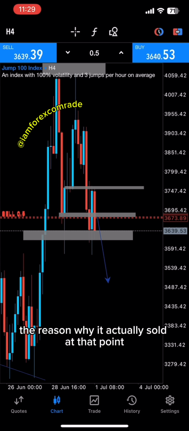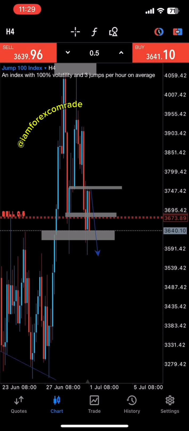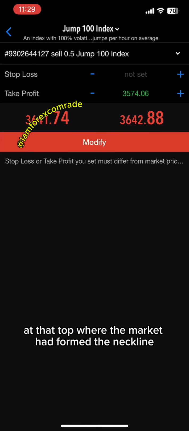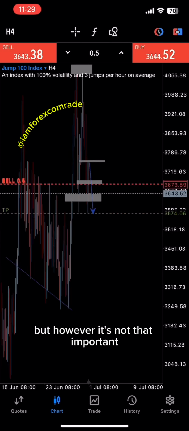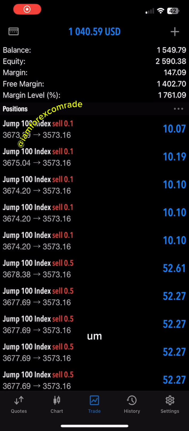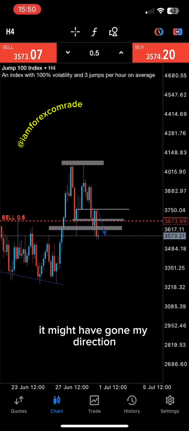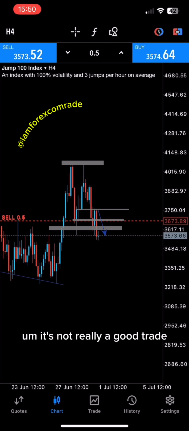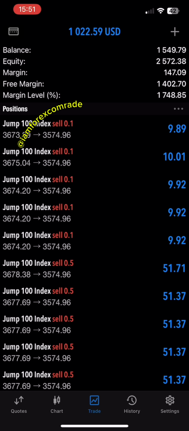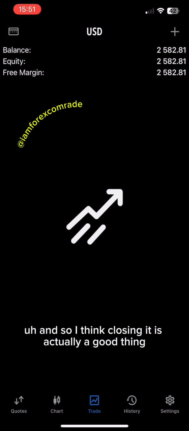So as you can see, the reason why it actually sold at that point is because of that resistance at the top, where the market had formed the neckline. But however, it's not that important. I have already made the profit, and I don't really think this was very powerful. Of course, it might have gone my direction, but then it's not really a good trade, and so I think closing it is actually a good thing.